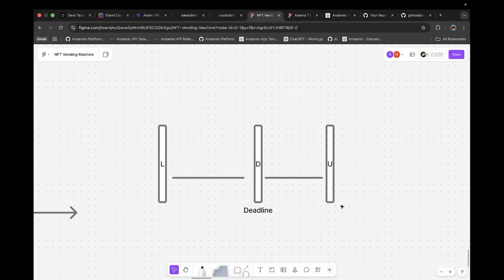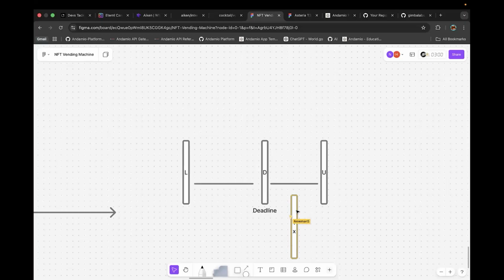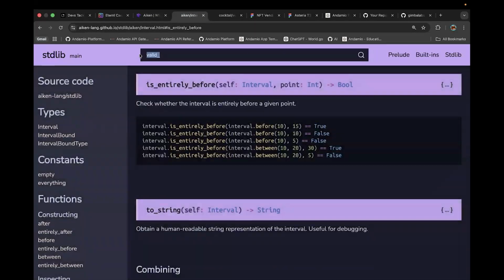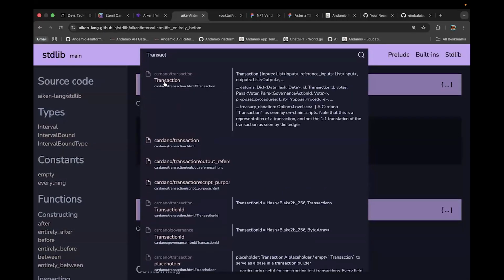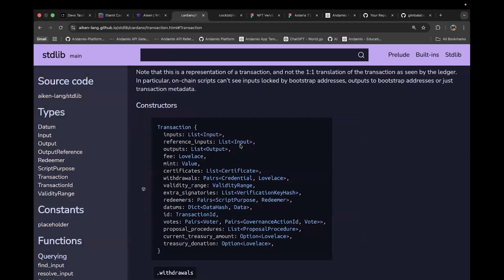So if you've got this, let's just call this a transaction, and it has an upper bound and a lower bound. A transaction is something that we are building, remember. So all of these fields will be populated by us, by the user, right? So when I am building this transaction, I'm creating this validity range.